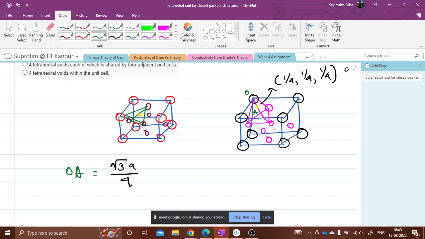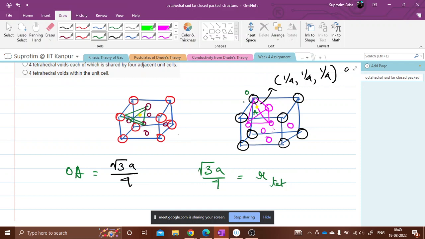Now if this atom sits at the center, they'll touch each other, so this total distance root 3A by 4 will be R tetrahedral plus R of the host. Assume that this is a sphere and it will touch this corner atom, right? So one radius from this corner atom and one radius from this atom that sits at the void.